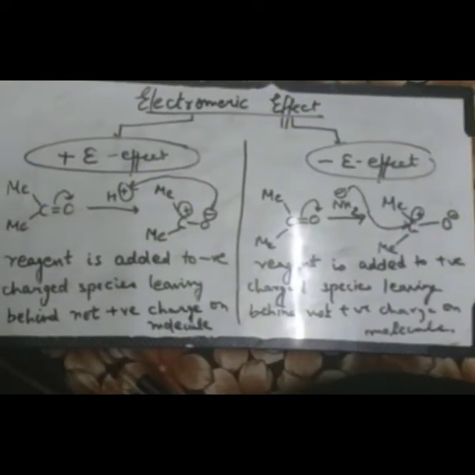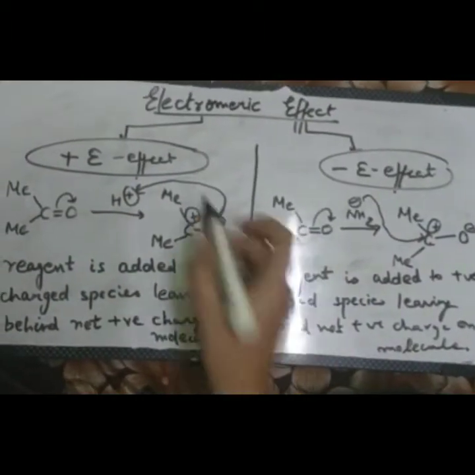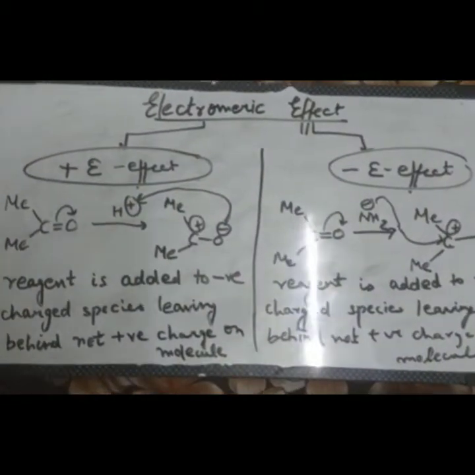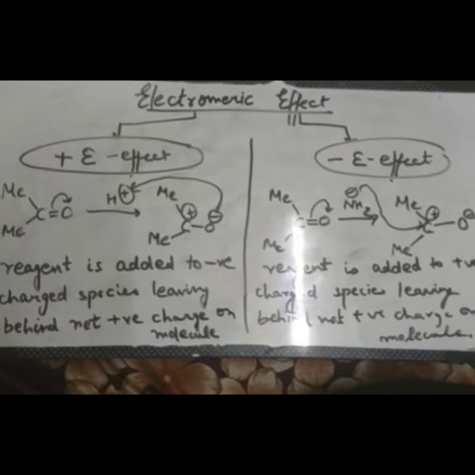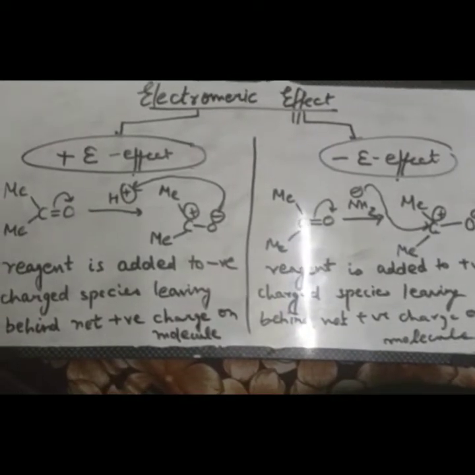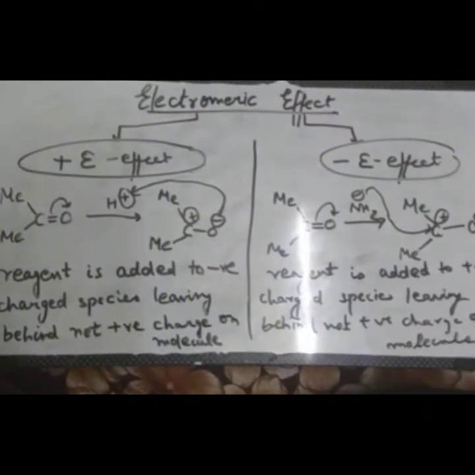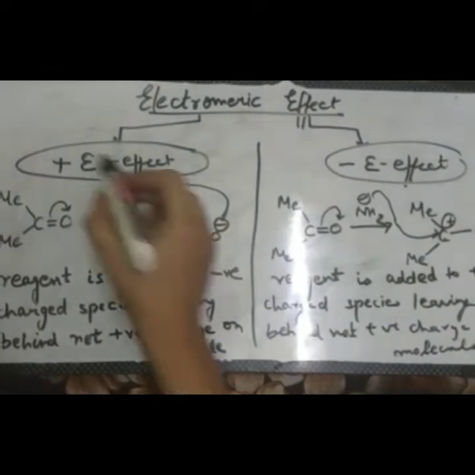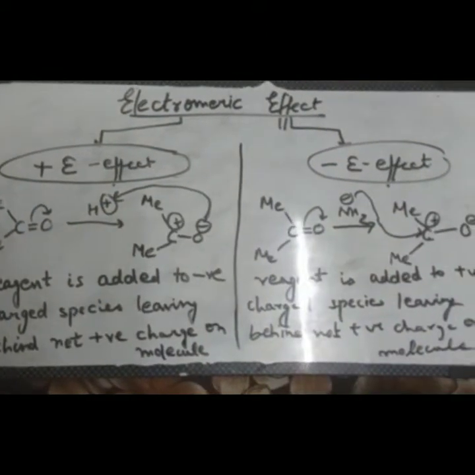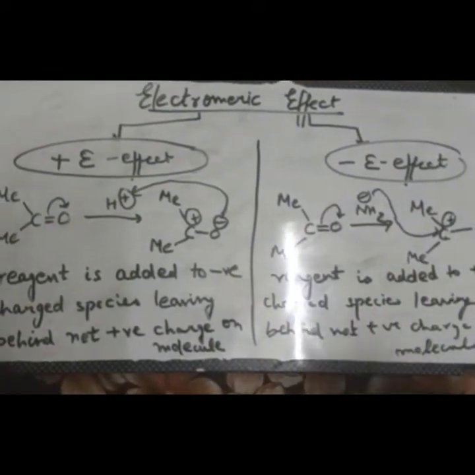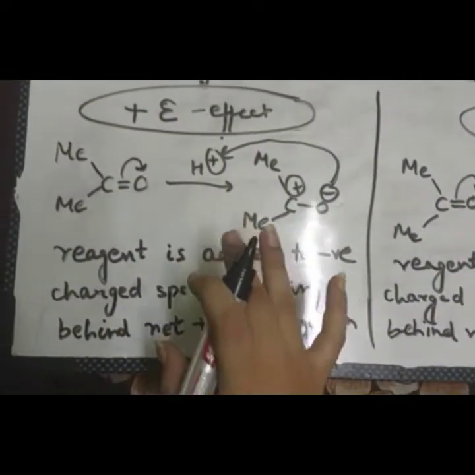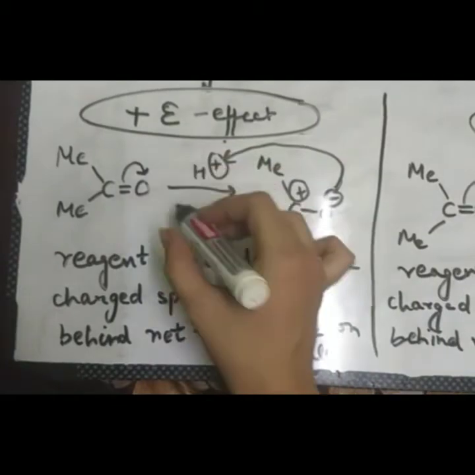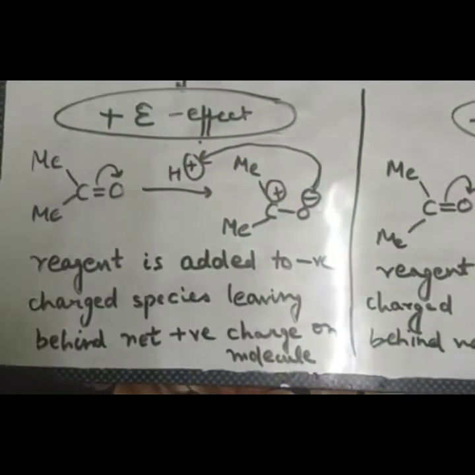The next important thing to note is that the electromeric effect is also of two types. Similarly, the inductive effect was also of two types, plus I effect and minus I effect. The electromeric effect is also of two types, plus E effect and minus E effect. So how do we identify which one is what? In plus E effect, an electrophilic reagent is added.